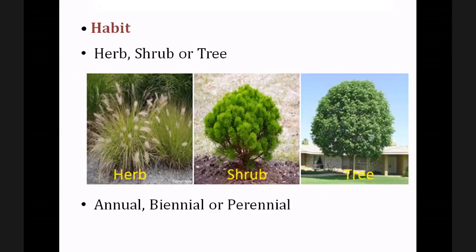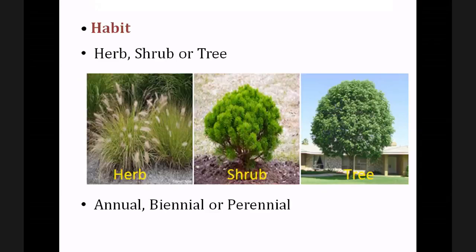Under that, we can describe the plant as herbs, shrubs, or trees. Herbs are the smallest ones, small and short. They are non-woody, with a soft stem, not a woody stem.